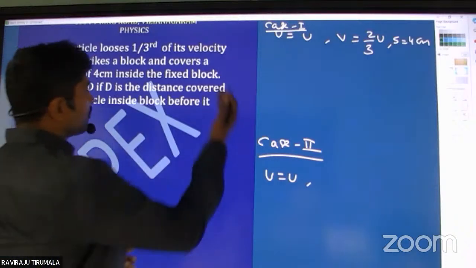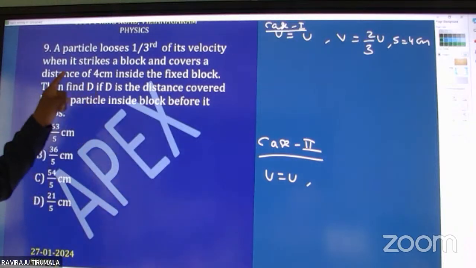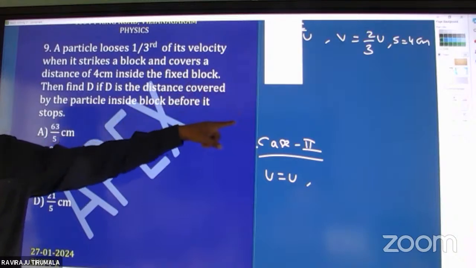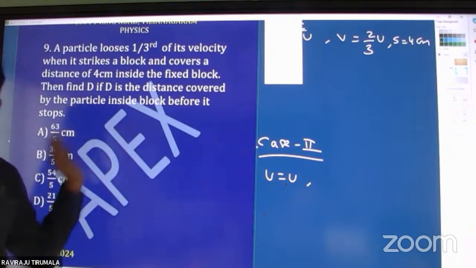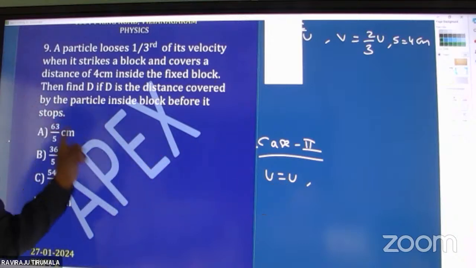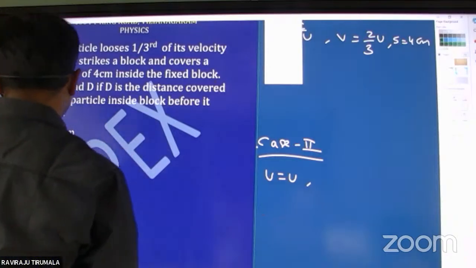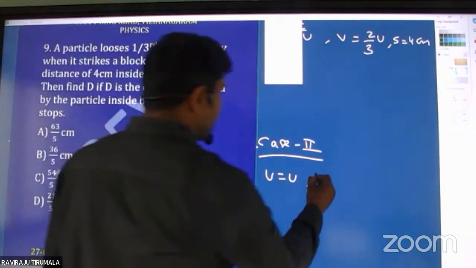If it is given, what is the further distance covered to come to rest, then you have to write initial velocity 2u/3. If they ask the total distance, the initial velocity is u. So based on that, I consider here initial velocity u. If you don't get the answer, you can go through the next method. So the final velocity will be 0 only.